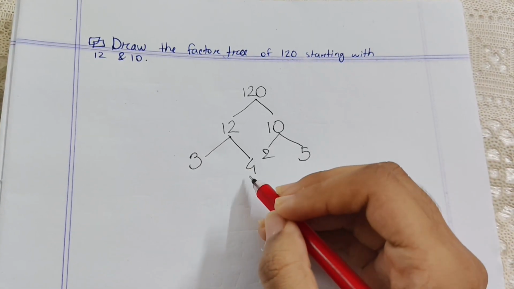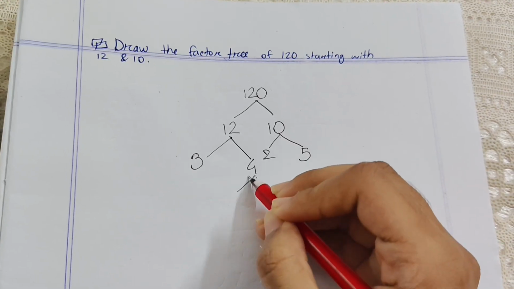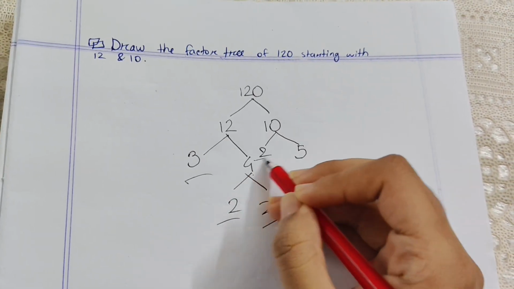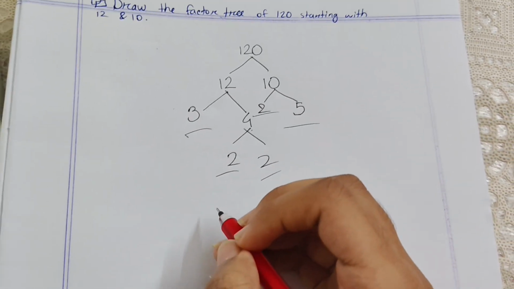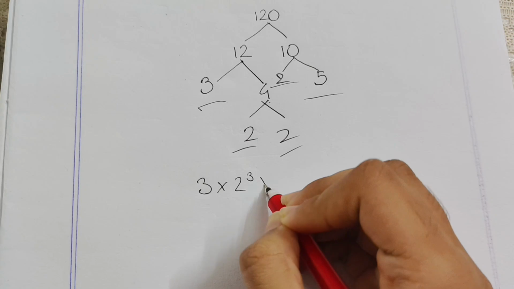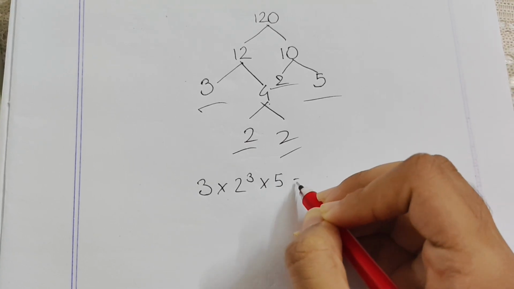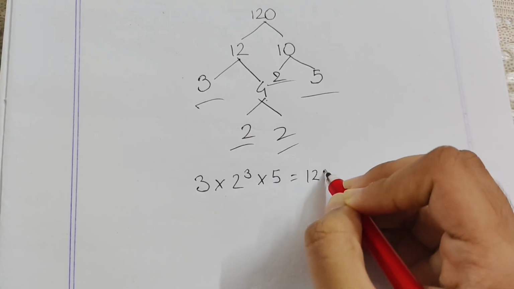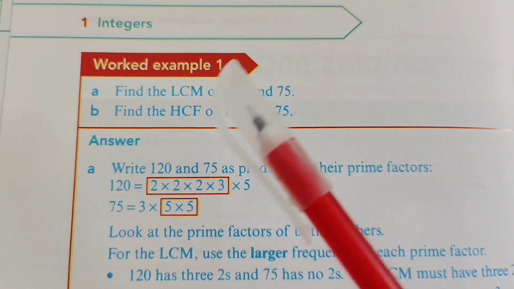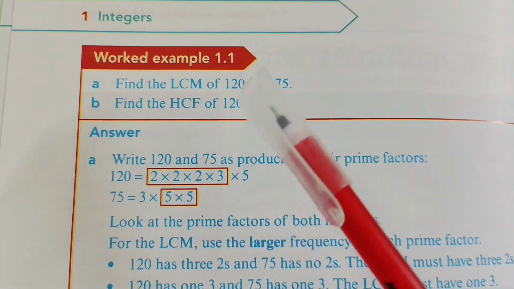So this is the only one which is a composite number. We can divide it by 2. And there we have it: 3, 2, 2, 2, 5. Or in other words, 3 times 2 cubed times 5 is equal to 120.